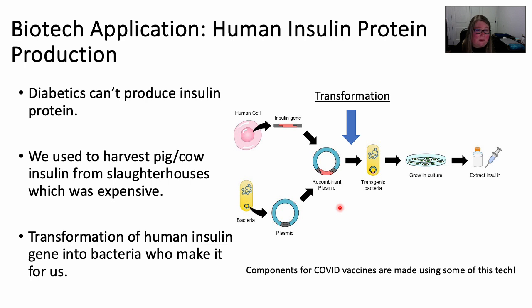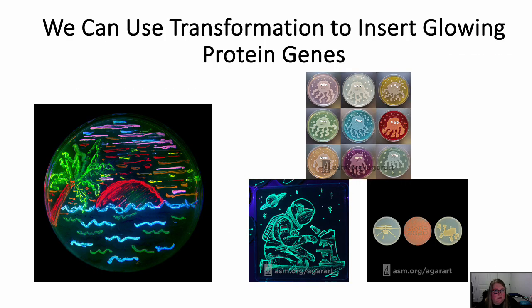Okay, so we use this process of transformation to study lots of things in science. We have used it to make components of the COVID-19 viruses. We talk about in 8.6 how we can make a mouse glow. It's using the same process with that GFP protein, but we can also make bacteria glow. GFP is not our only glowing protein, it's just the one that glows green.